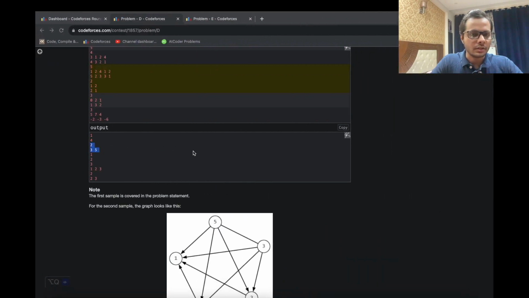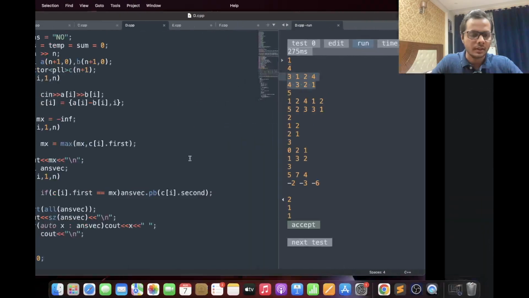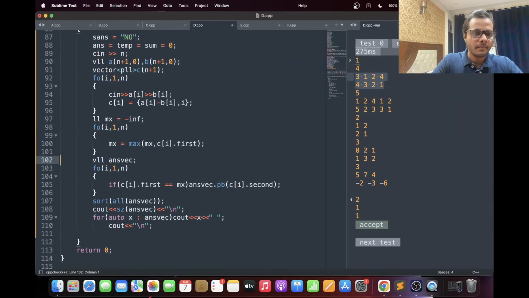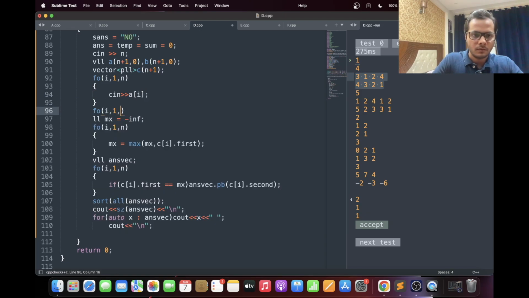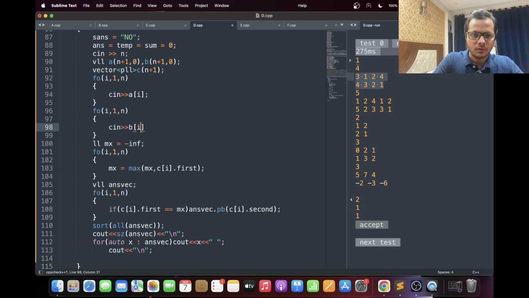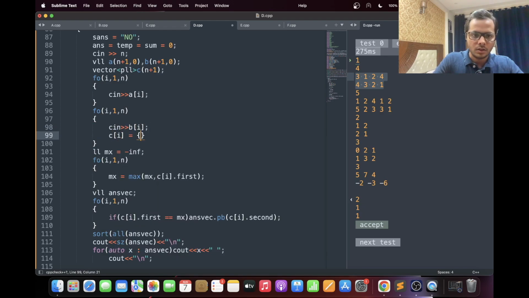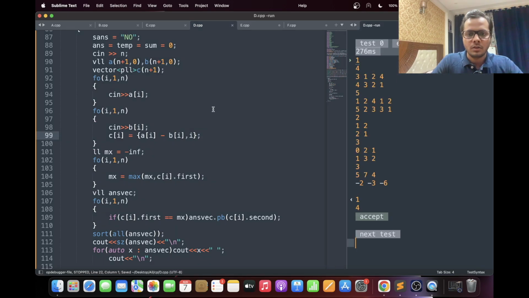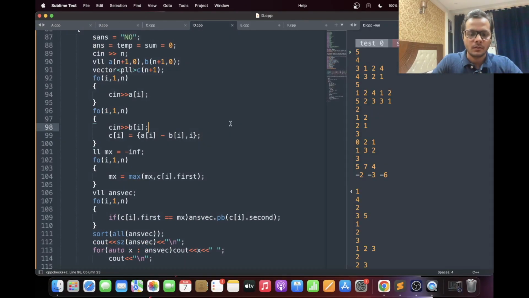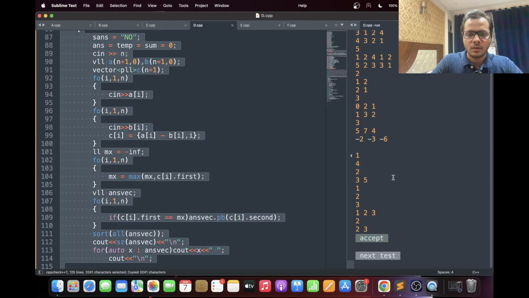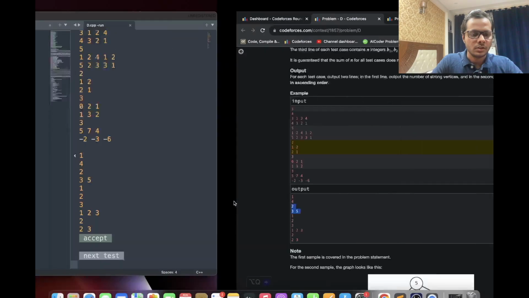Oops, looks like I've taken input in the wrong format. ci is equal to ai minus bi comma I. Should be good now. 1 2 1 2 3 2 2 3.